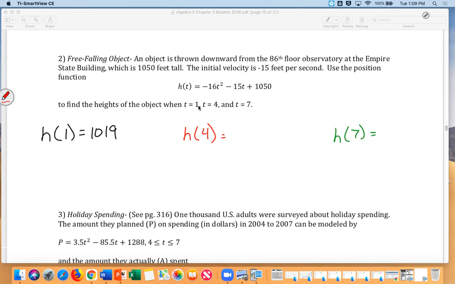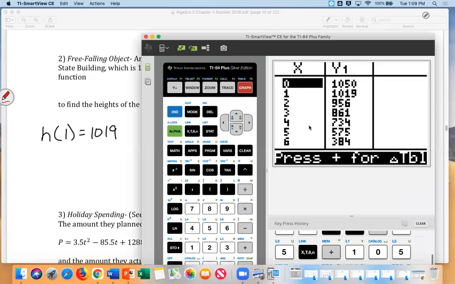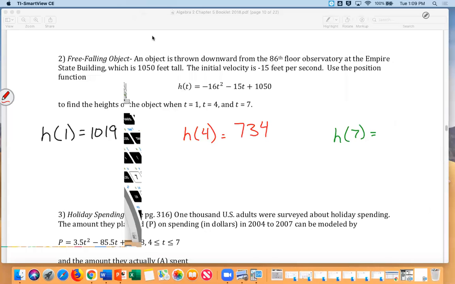What about Caitlin? What did you got? 734. Owen, is that what you got? 734? For 4? Yeah. We have 5. All right, well, let's see. 4, I got 734. Okay, it's okay. I did say 5 when I was going through it. All right, it's 4.